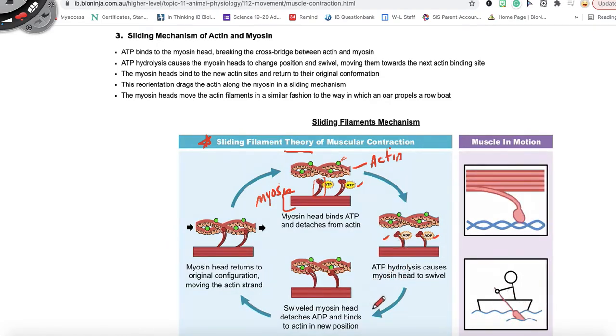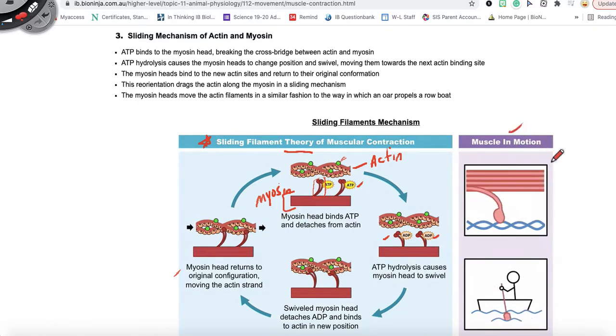So here we see that the swiveled myosin that has now headed to the next binding site attaches to the new binding site and then returned to the original configuration. So there's a reorientation that drags the actin along the myosin in a sliding mechanism.